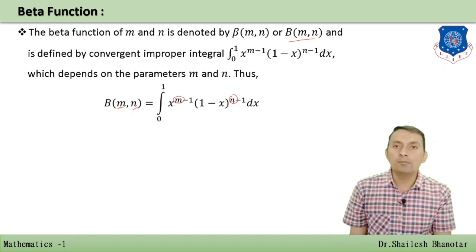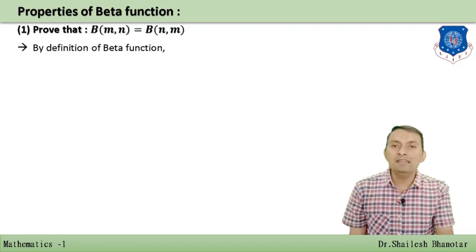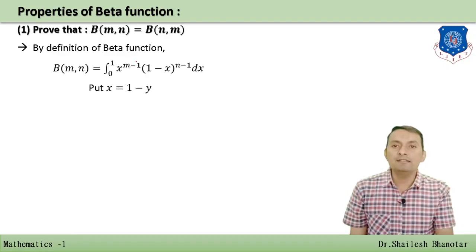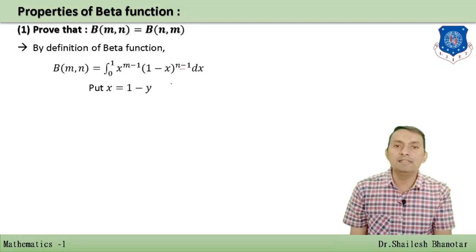Now let us see the properties of the beta function. Beta(m, n) is equal to beta(n, m). Let us see how we can prove it. According to the definition of the beta function, beta(m, n) is equal to the integral from 0 to 1 of x raised to m minus 1 into 1 minus x raised to n minus 1 dx.